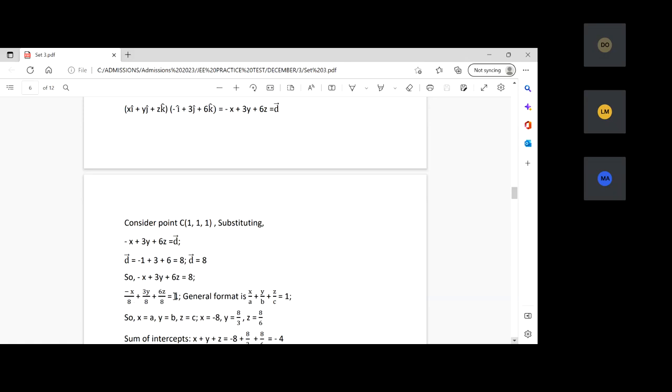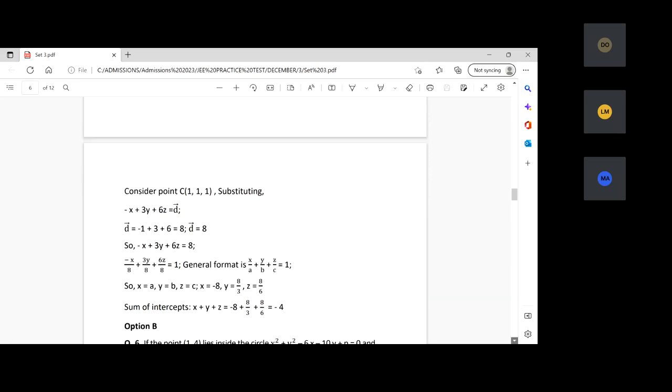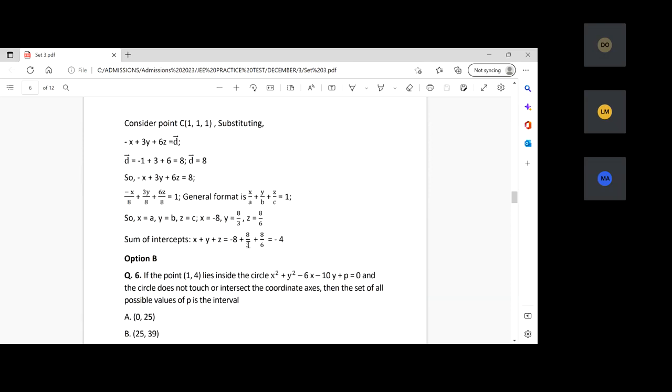Now what are the values of x, y and z? x can be minus 8, y can be 8 by 3 and z can be 8 by 6. The question asked me to find the sum of these intercepts. So it will be minus 8 plus 8 by 3 plus 8 by 6, which will be minus 4. I hope it's clear.